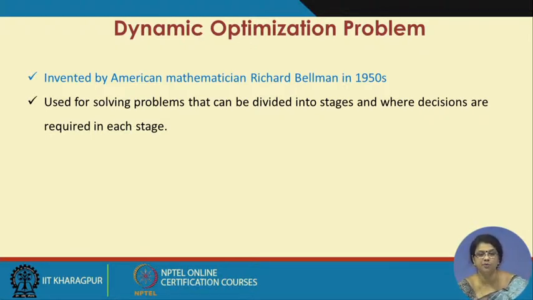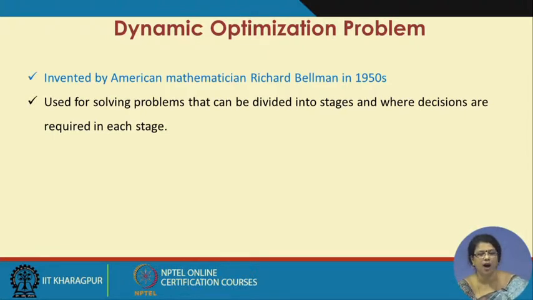Dynamic means in different time scales the model is changing. Now, if the time changes, it may happen the model will change. How will the model change? The structure of the objective function and constraints may change, the parameter values may change. There may be uncertainty within that.